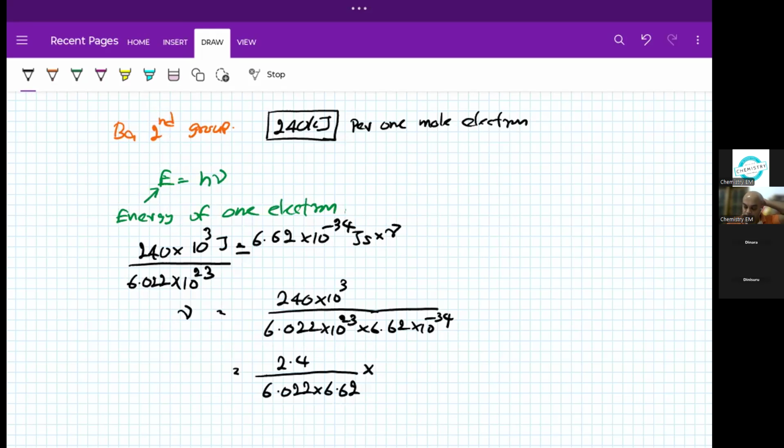That is 10 to the power 5, and 10 to the power minus 11, so 10 to the power 16. This is hertz, per second.